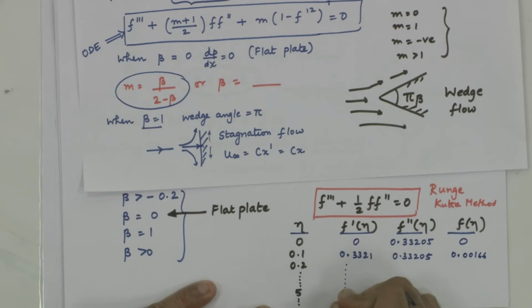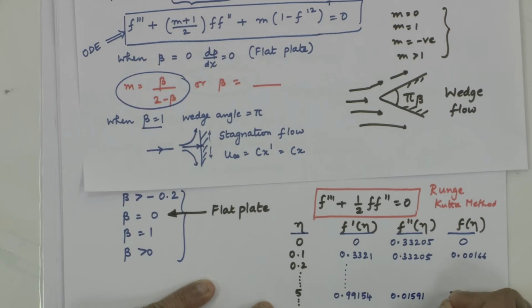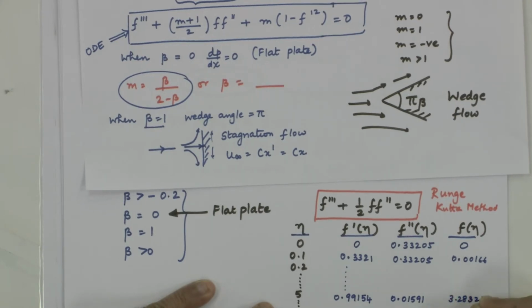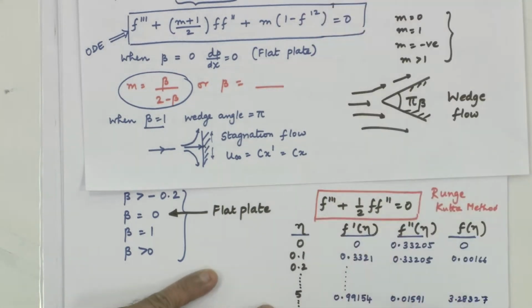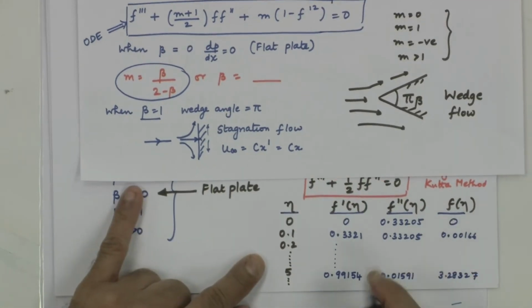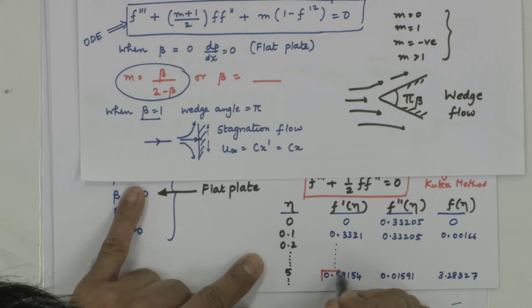At eta equal to 5, you get f prime as 0.99154, f double prime is 0.01591, f of eta is 3.28327. What is important is this quantity, f prime.